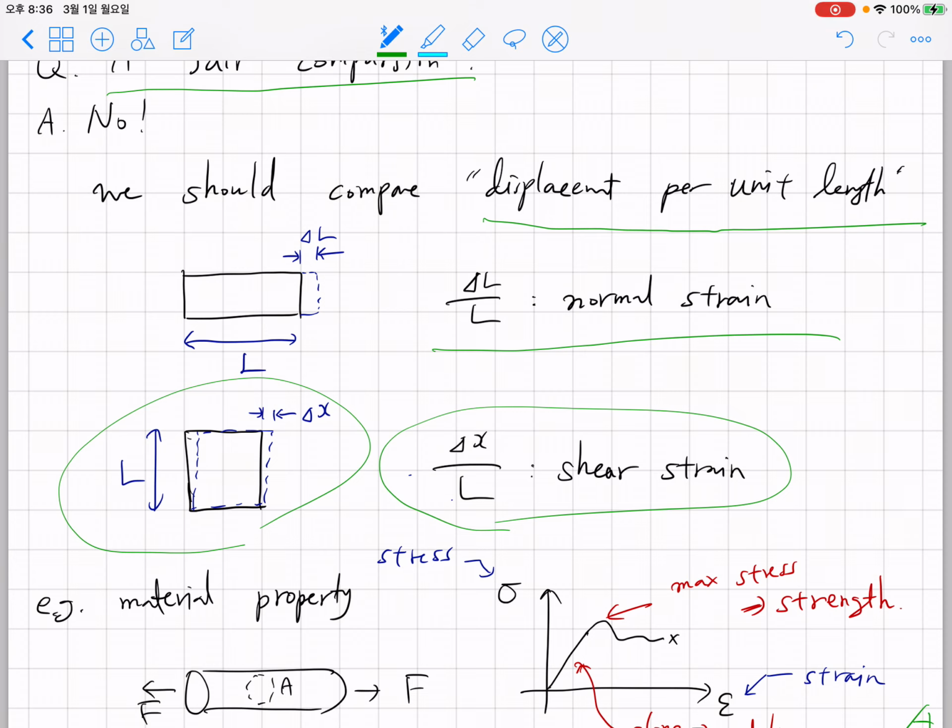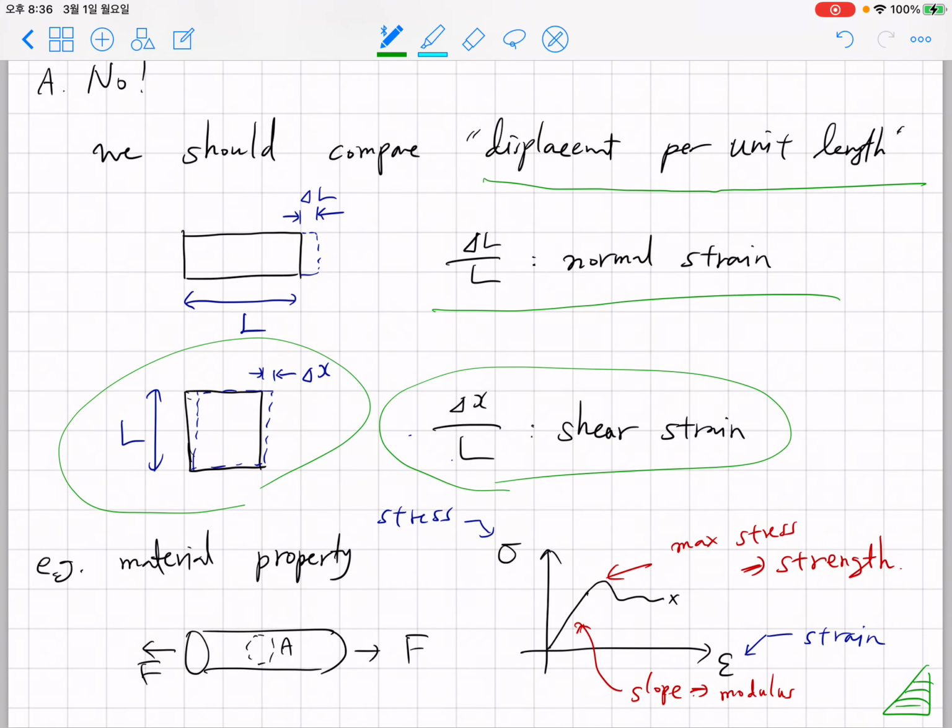And if a material property is size dependent, you cannot call that a material property. Whether you consider a huge steel rod or a steel rod as thin as your hair, the material property should be the same. That's why we define stress and strain, and by measuring the relationship between stress and strain, one can define the mechanical property of a material.